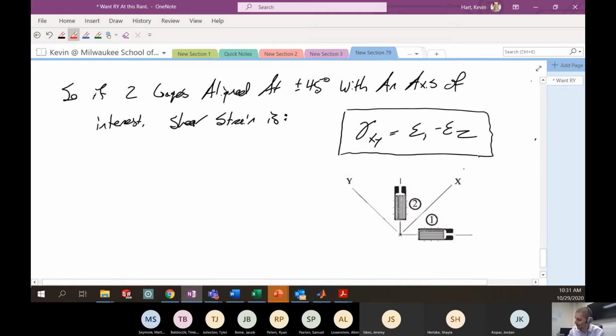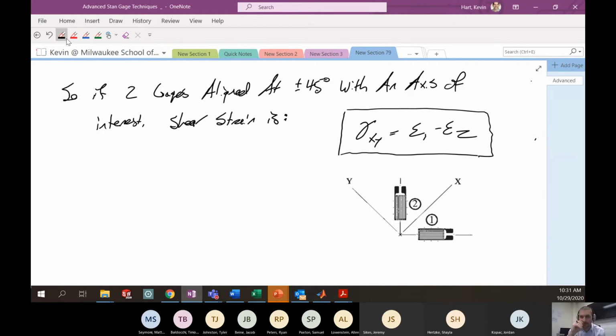I want to know the shear strain in this X, Y coordinate system. These gauges are at plus minus 45 degrees relative to that. So in this particular situation, the shear strain in this XY coordinate system is just the reading of gauge number 1 minus the reading of gauge number 2. Pretty awesome. All right.